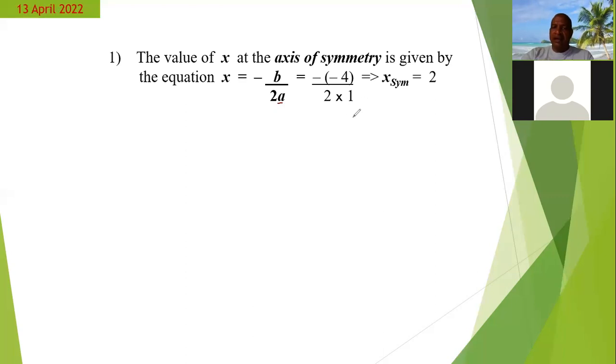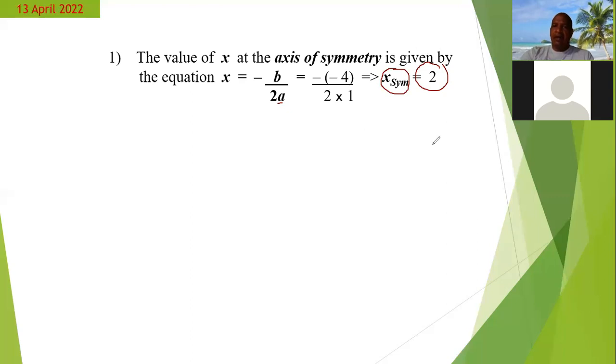Once we get that value for the denominator, which is 2, in the numerator you multiply negative times negative, so you get a +4, and then you divide it by the 2 in the denominator. You will get the x value at the axis of symmetry to be equal to 2.